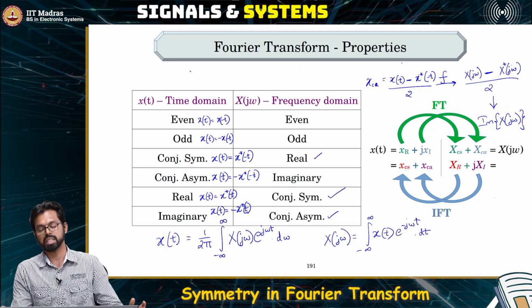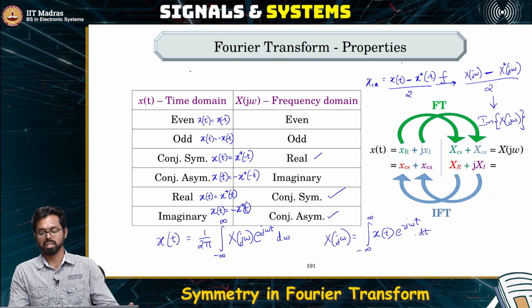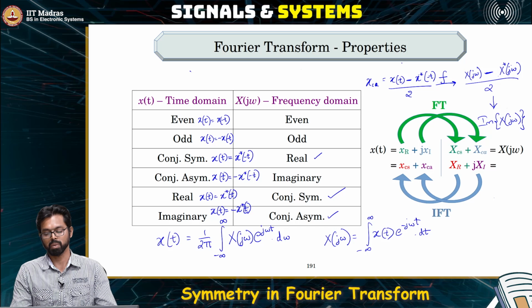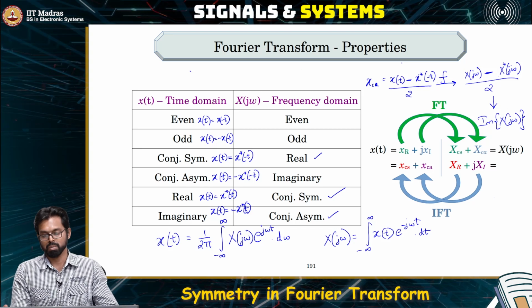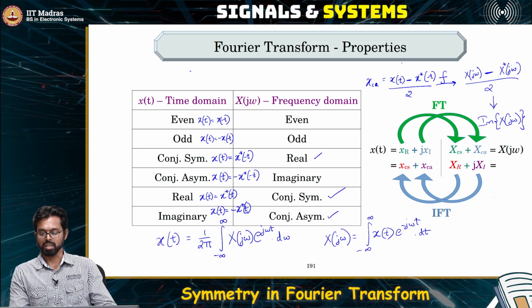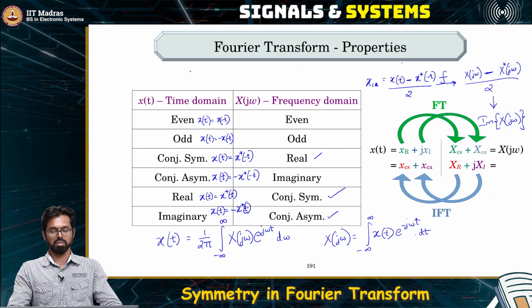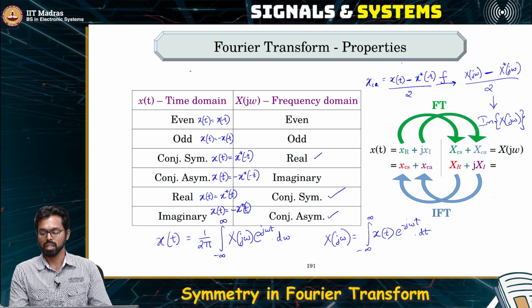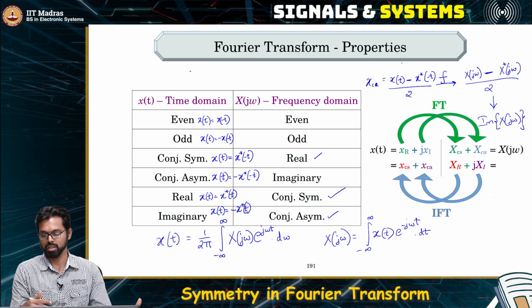So this is a very nice relationship that exists between the symmetric parts and the real and imaginary parts of the time domain signal and the spectrum of that signal. So this is very, very important, and this is something which once again we'll use very often in a lot of our analysis, where if we have a complex signal inside a circuit, like, so often we model signals in a circuit as complex signals because of different phase shifts introduced by capacitors and inductors.